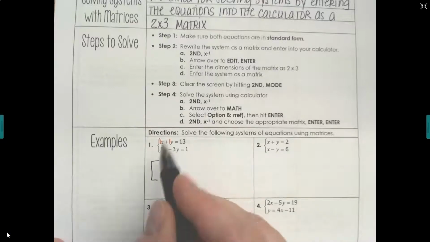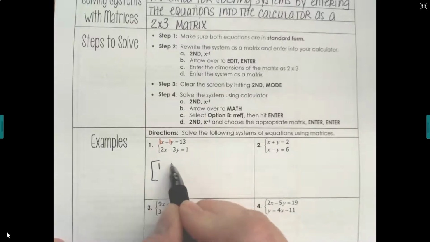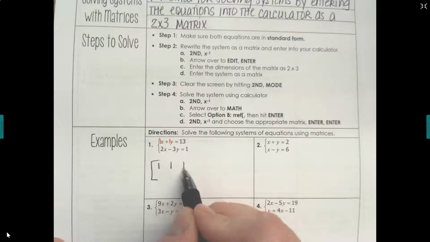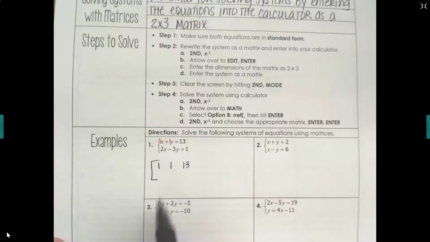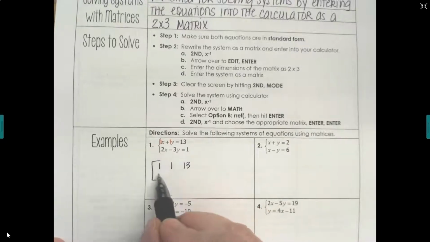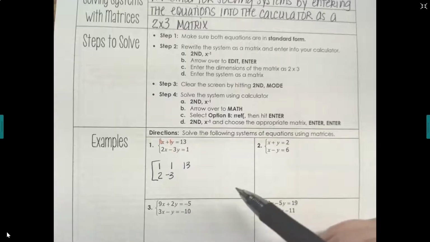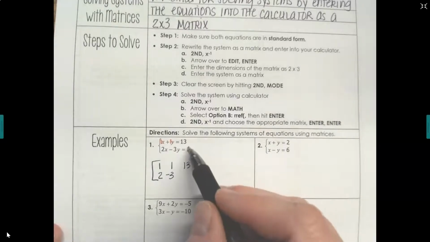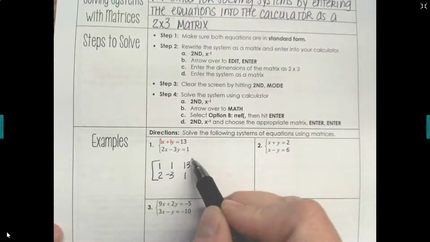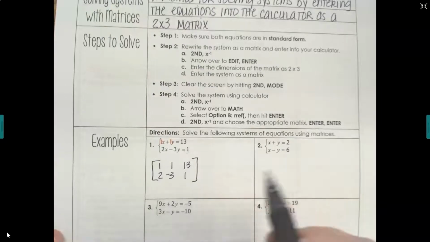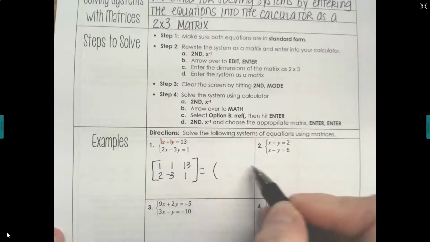So in the same position, I'm going to say there's a 1, and then a 13. And then down here I've got 2 and negative 3. You see how the y's are lined up over the y's and the x's over the x's. The calculator understands this as our method. And then this one equals a 1. That is our matrix, and we're going to find out what the answer is.